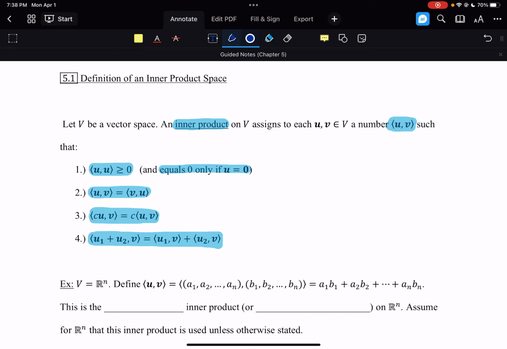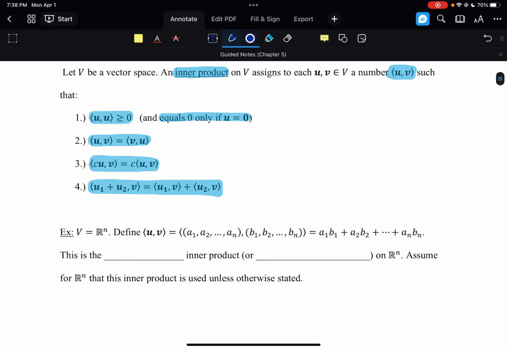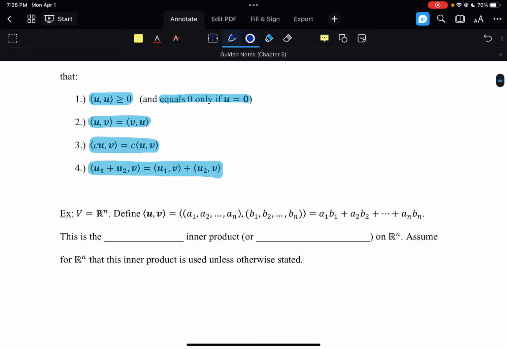Now, if we take V, our vector space, to be Rn, define the inner product of two n-dimensional vectors as the sum of the products of their corresponding components, so a1 b1 plus a2 b2, etc., all the way up through an times bn. This is what we call the standard inner product. Of course, this is something that you have seen before back in Calc 3.